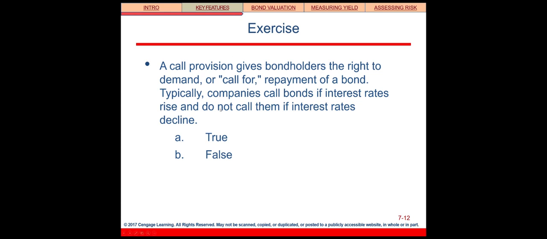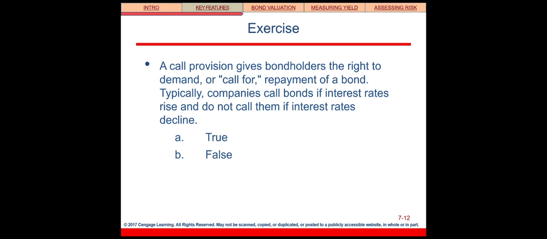And then the second one says typically companies call bonds if interest rates rise and do not call them if interest rates decline. This one is also wrong because companies usually call bonds if the interest rate is declining.